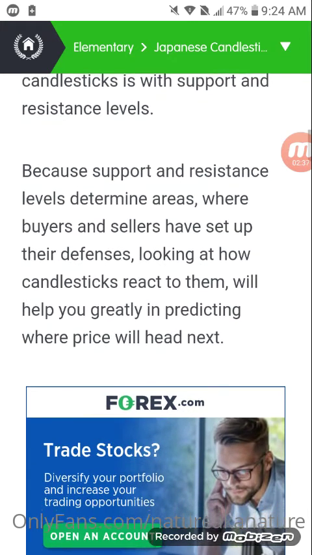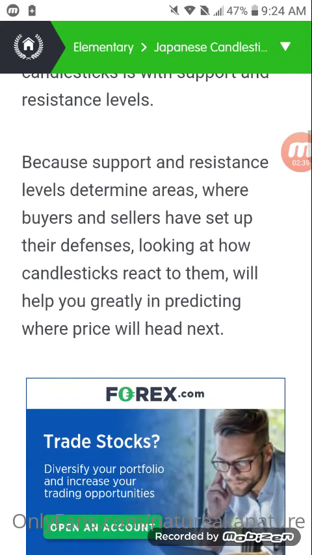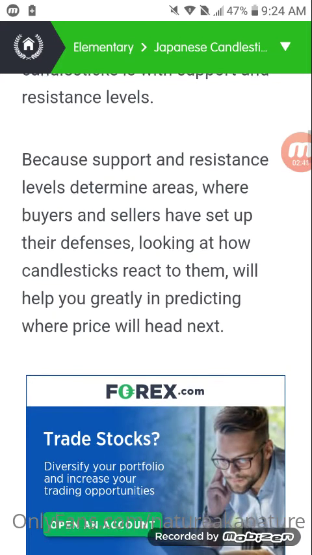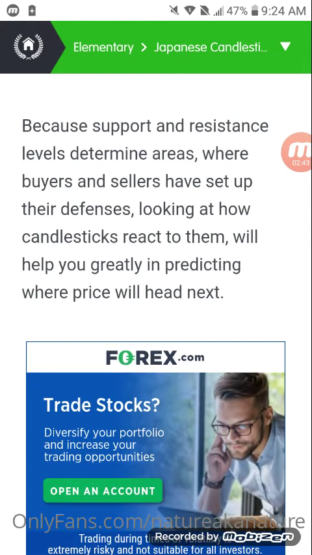Looking at how candlesticks react to them will help you greatly predict where price will head next. Like I said, the resistance and support levels determine areas where buyers and sellers have set up their defense, so we look for possible reversals in the market.